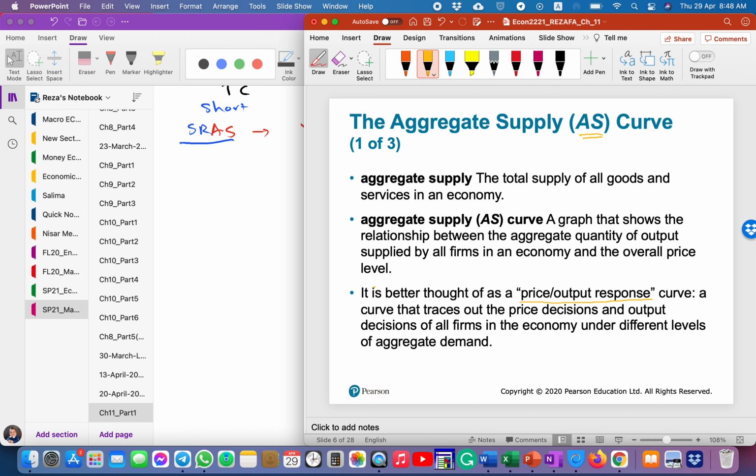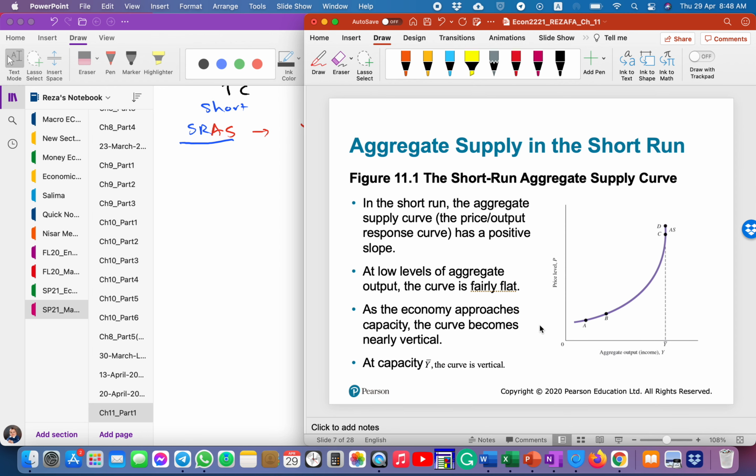It says that aggregate supply is actually a price output response curve. A curve that traces the output price decision given the price level under the different levels of aggregate demand. So the shape would be like this.